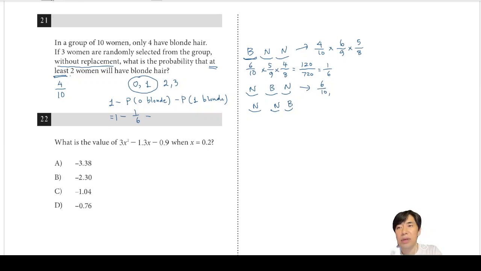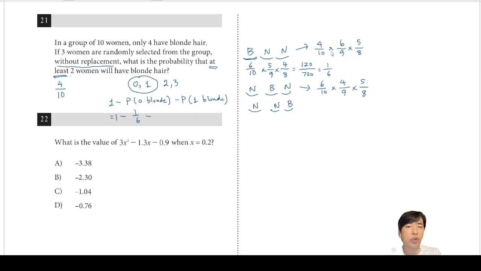Oops, let me erase this. The next one is out of 9, number of blondes is 4. And out of 8, non-blonde, one of them is chosen here, 5. So basically in the denominator you have 10, 9, 8, same as this one.